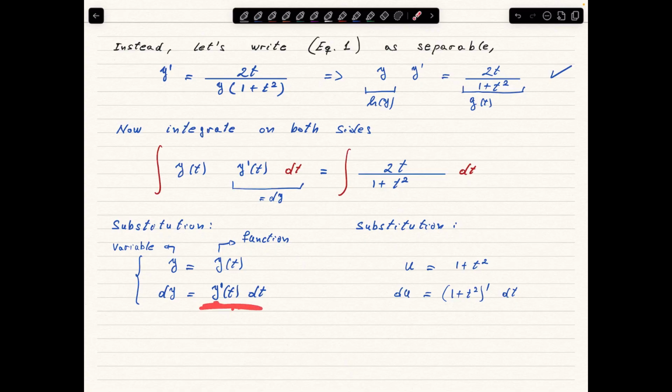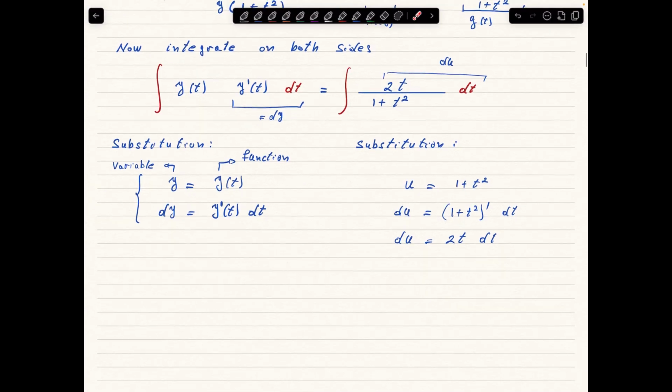We don't know what that is, but it is the derivative of whatever is here on the variable t. We actually know what that is. It's 2t dt, and this is du, and this is exactly what I have here. So this is du. That's why the substitution works here, because the equation is separable.